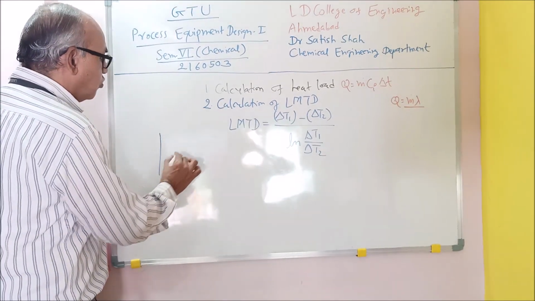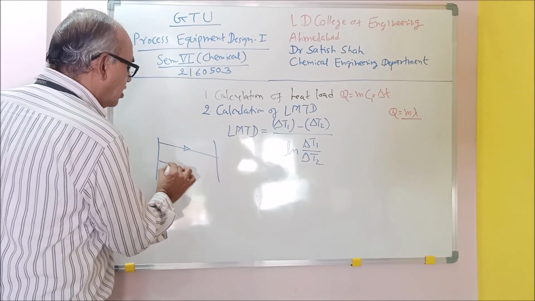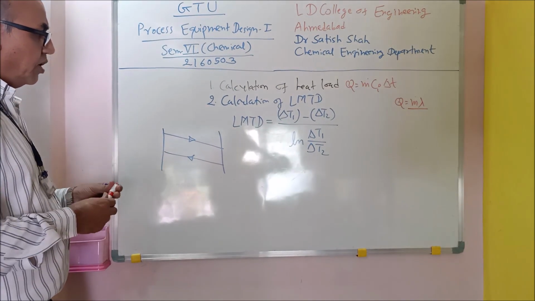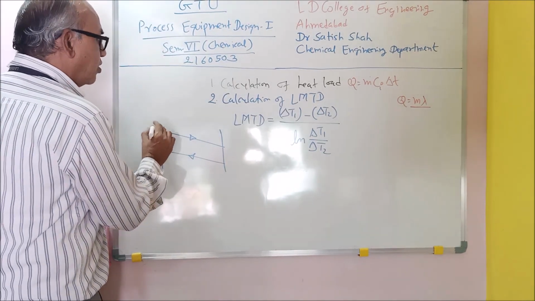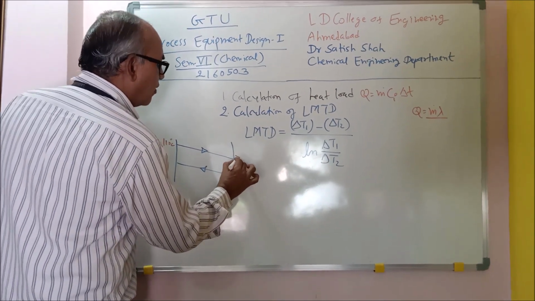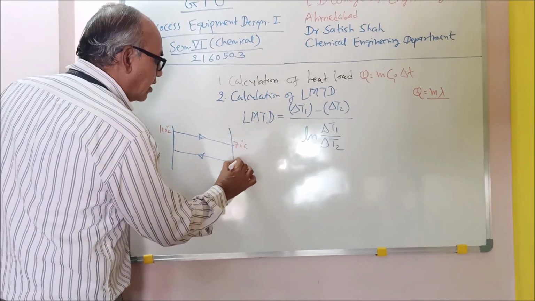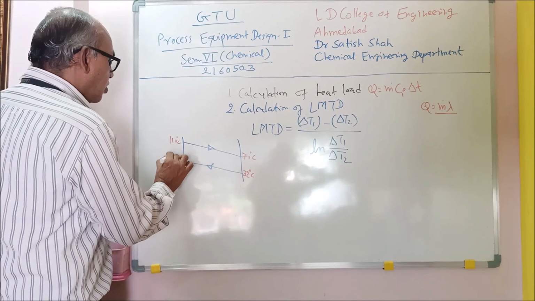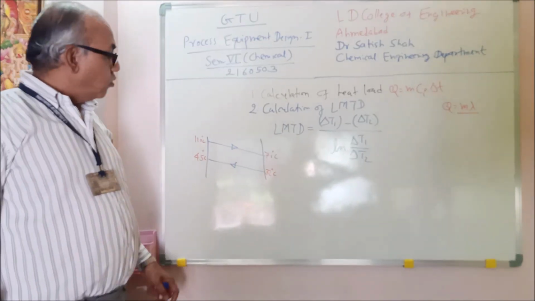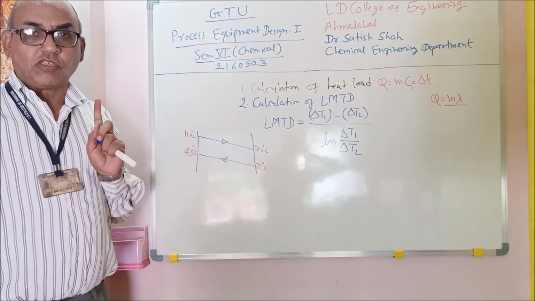Here I will just show you to make it more clear what it is. If you see here, it will be clear to you what delta T1 and delta T2 are. This temperature, as I told you, is 110 degrees and I want to reduce it to 70. And on the other side, the cooling water side, the inlet temperature is 32 and I am raising it to 45 degrees Celsius. This is complete counter current flow if it is 1 pass.